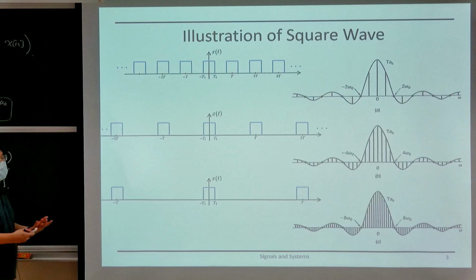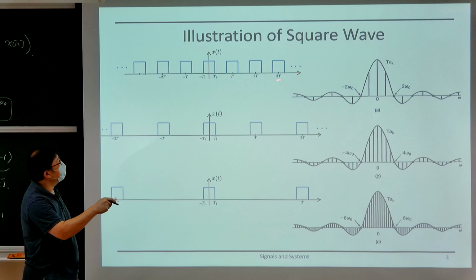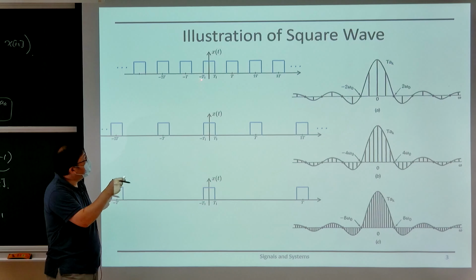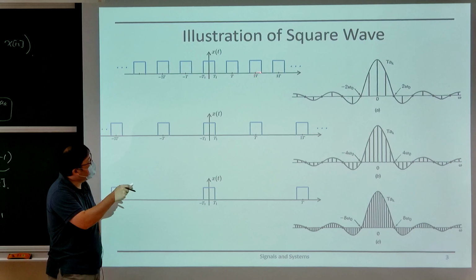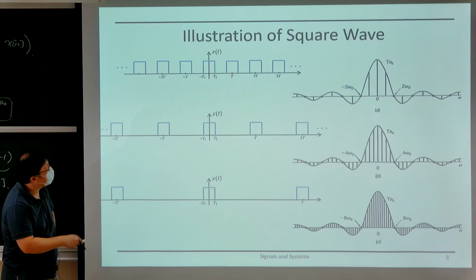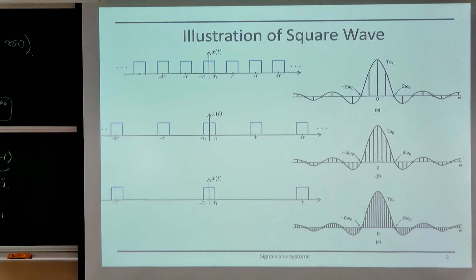So to visualize this, suppose you consider a square wave like this. Here, this square goes from minus t1 to t1, and it is repeated every integer multiple of capital T. For this specific example, we're taking T equal to 4 times t1.